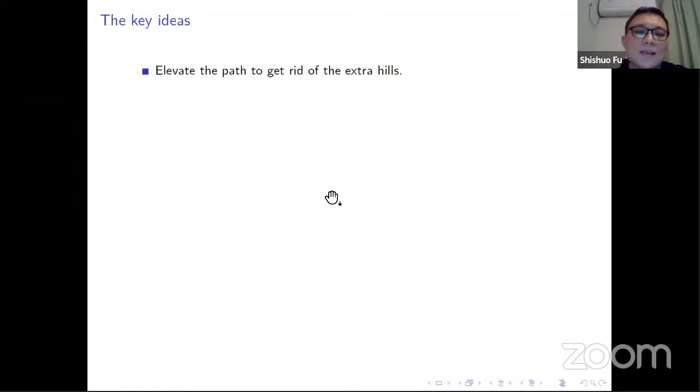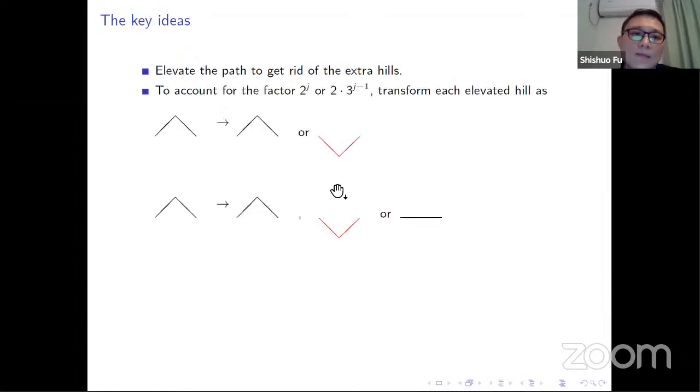So the main idea is, like I said, on one hand we have to eliminate, get rid of all the extra heels. So the idea is to elevate the path, because here are all the peaks at the height 1, right? You make the height bigger, you make the heel disappear. That's very natural. But then how to explain this 2 to the power of j and 2 times 3 to the power of j minus 1? The basic idea is, for the first case, for each peak, we have a choice to either keep the peak as it was, or we make the peak upside down.